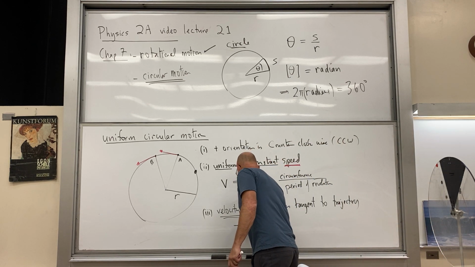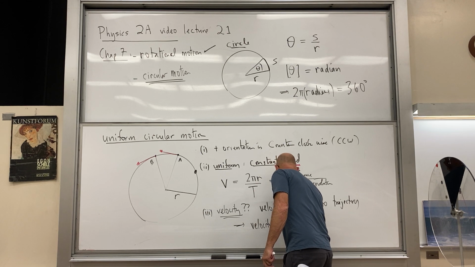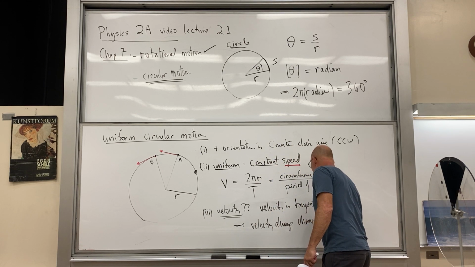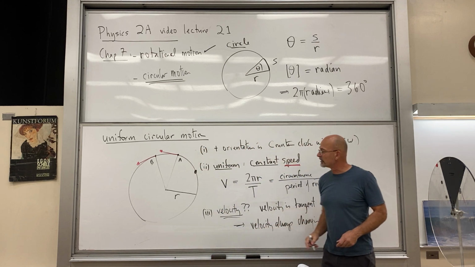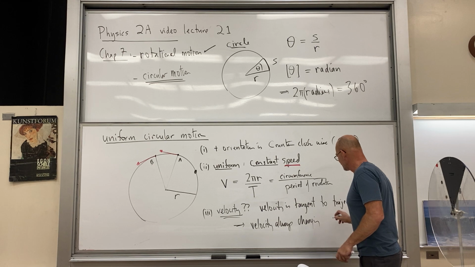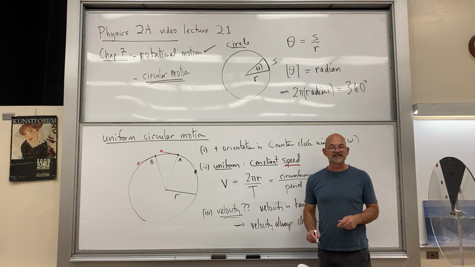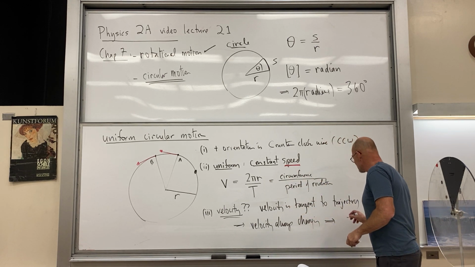So therefore, velocity is always changing on this type of motion here. Okay. On this uniform circular motion, the velocity vector is always changing. Therefore, uniform circular motion is accelerated, okay, because a changing velocity is an acceleration.